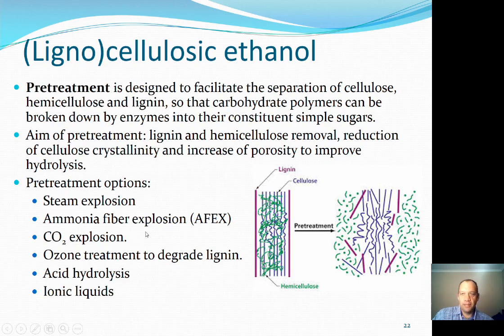There are also other methods such as ozone treatment to degrade lignin, acid hydrolysis, where you can use higher concentrations of acids to almost completely hydrolyze the polymers, as well as ionic liquids. All of these methods have some advantages and disadvantages, and unfortunately there's no optimized process that works for all types of feedstocks.